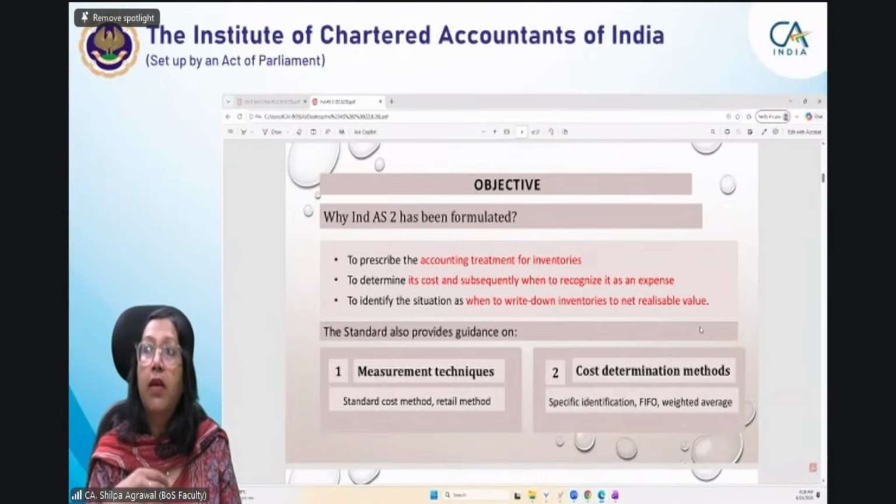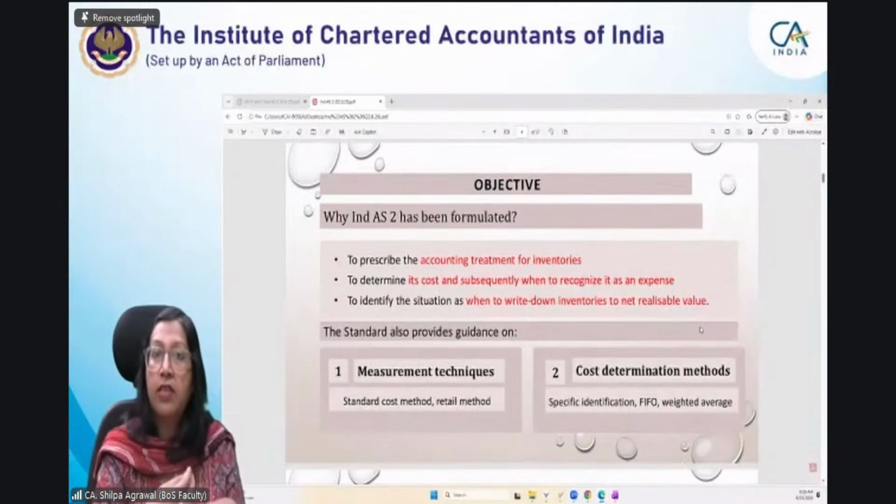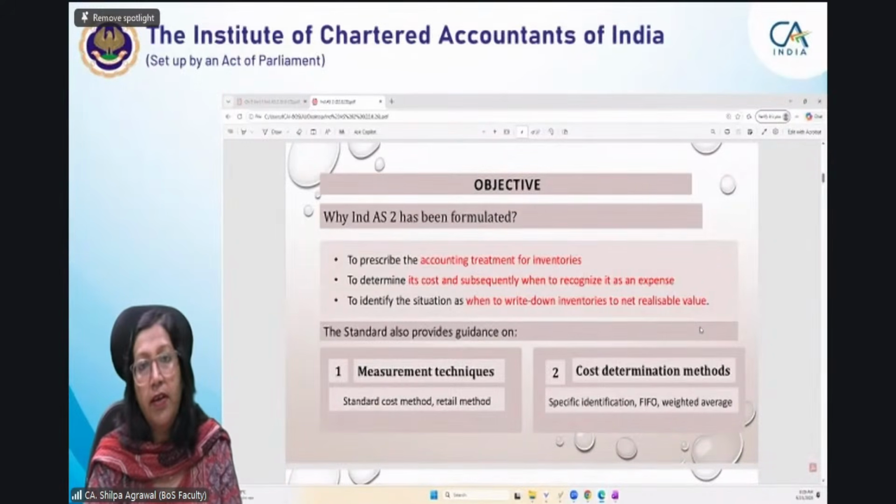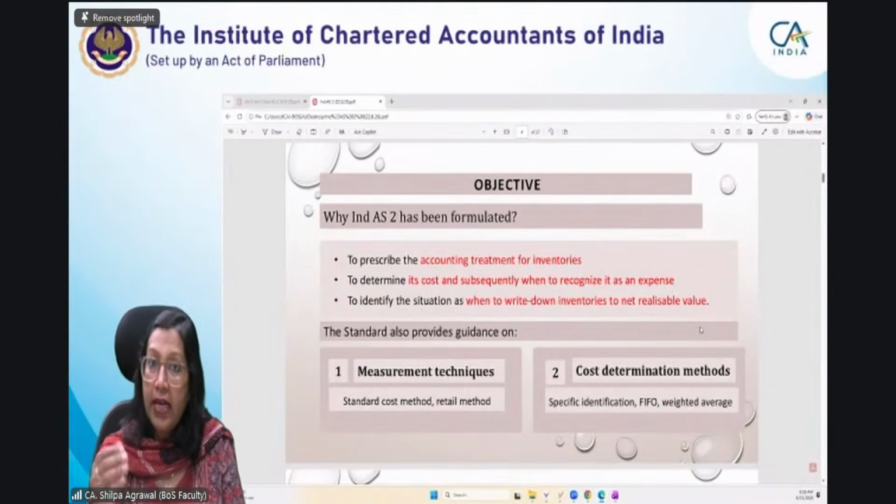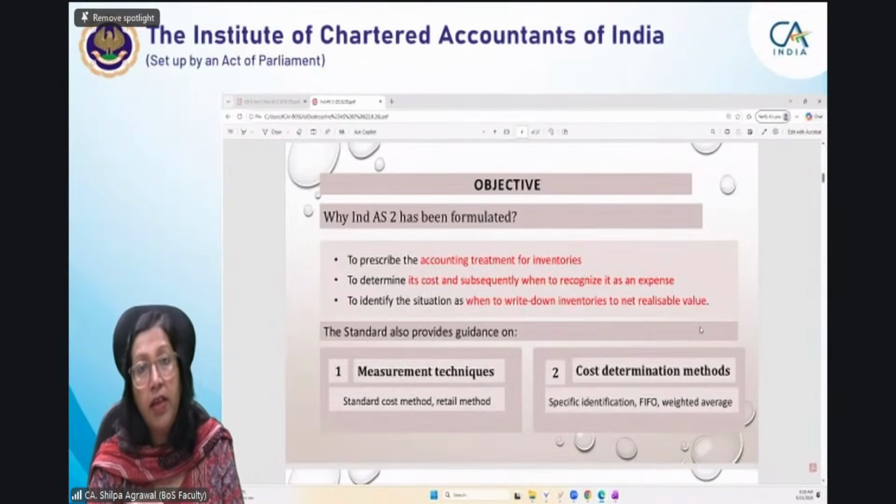It may become stale. Demand and supply may not match, or demand decreases, and because of that value decreases. Any new technology comes with new specifications, new improved versions of the inventories are now there. Because of that, the value of the existing material or existing inventory goes down.